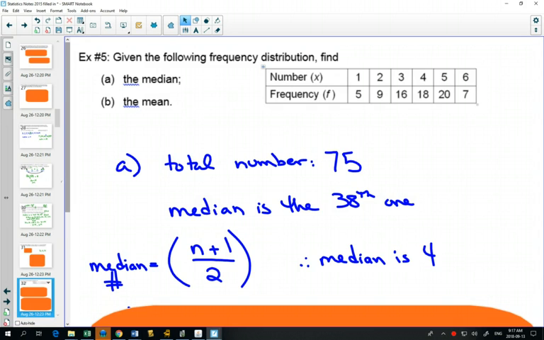You can use that strategy of 75 plus 1 is 76 divided by 2 is 38. That's the 38th term. And then we go to our data here and say, I'm at 5, I'm at 14, I'm at 30. The 38th term falls within here. And so the median is 4.